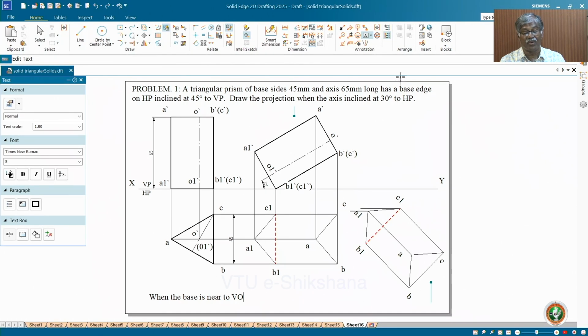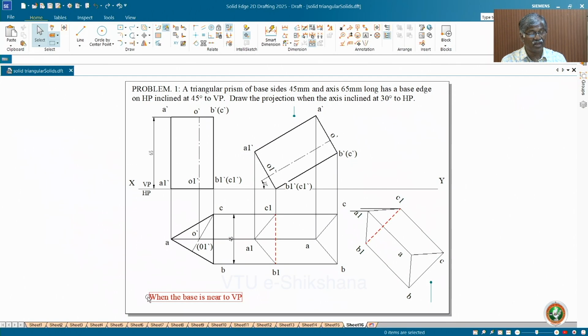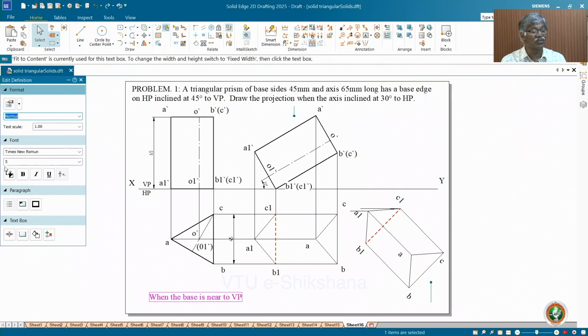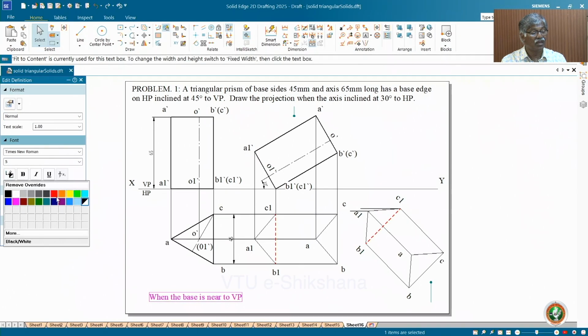This surface will be visible, but we want this criterion. The C1 base corner is not visible. Any number of lines connecting to that are not visible. Nearer to the VP. So this is important, so I would like to highlight this with red color.